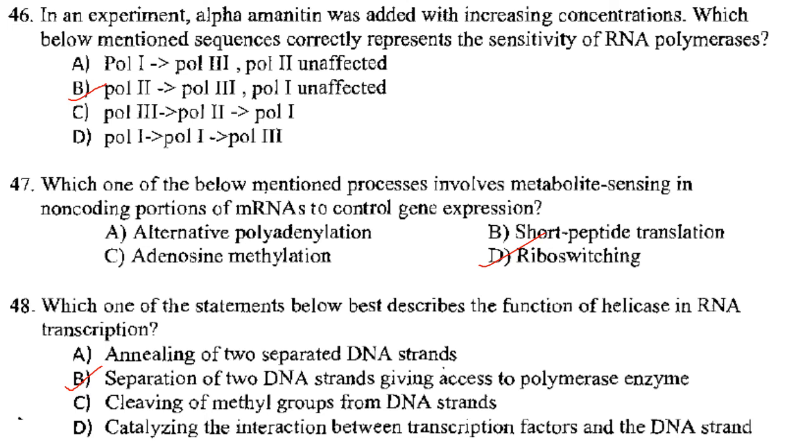So the answer here is option D, riboswitching. Then next one. Which one of the statements below best describes the function of helicase in RNA transcription? Helicase is involved in separation of the two DNA strands, giving access to the polymerase enzyme. Answer is option B.